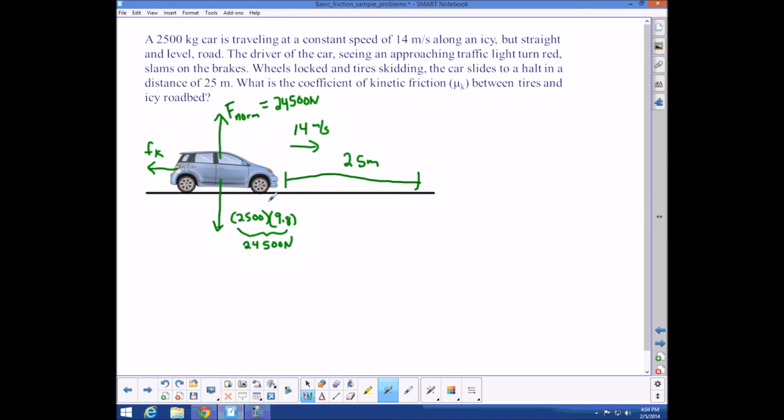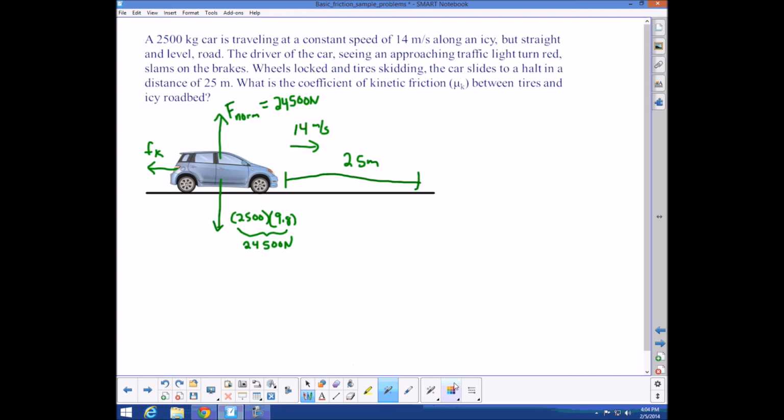The only force that's acting on this car is the force of friction, causing the car to slow down. If the wheels were still rolling, there would be friction between those tires and the road that would actually be pulling the car forward. That would be something different. But in this, the wheels locked, and the friction is acting against the motion of the car and causing it to stop.